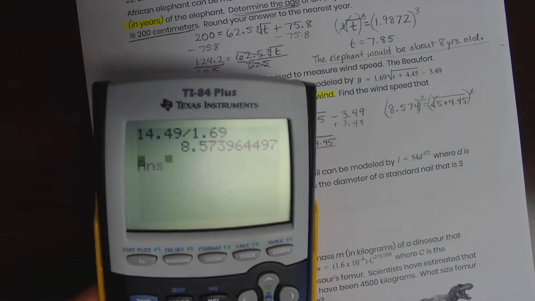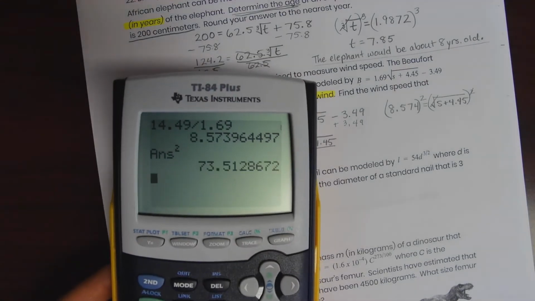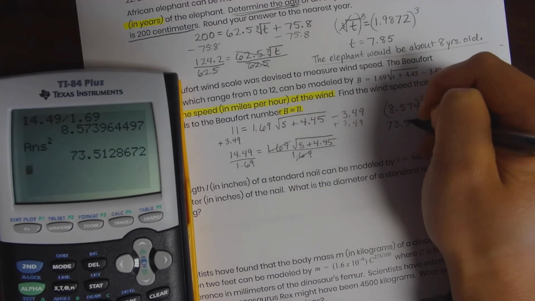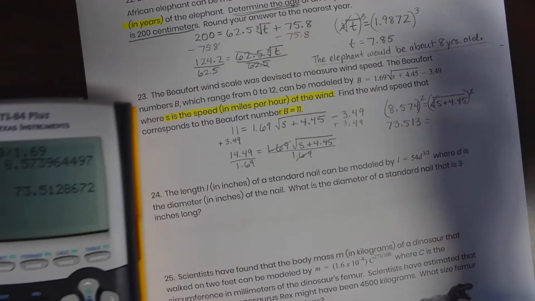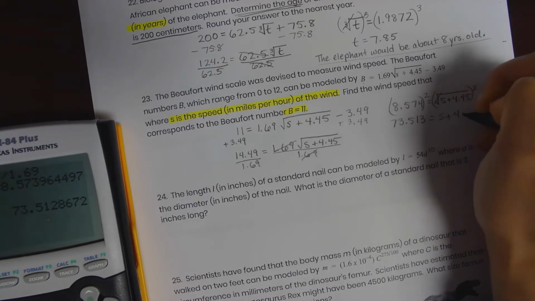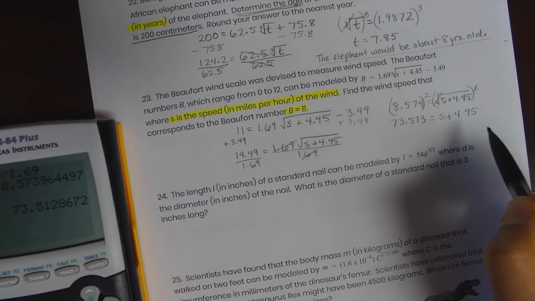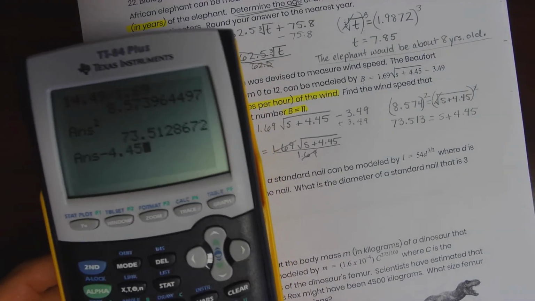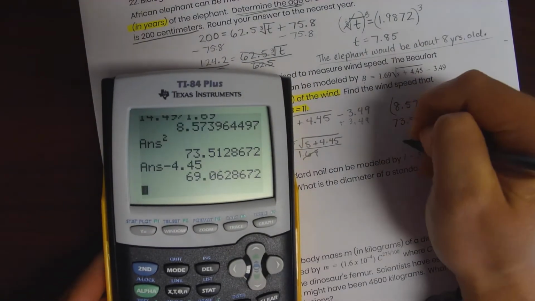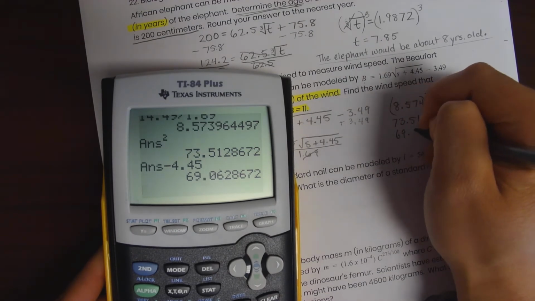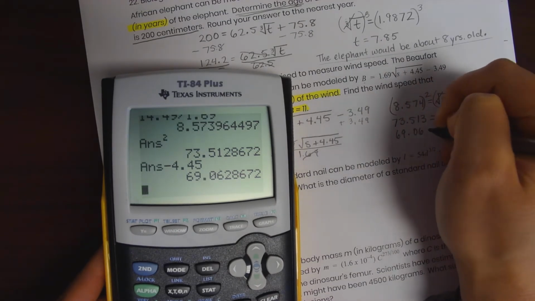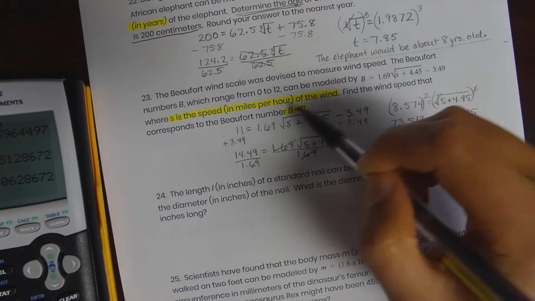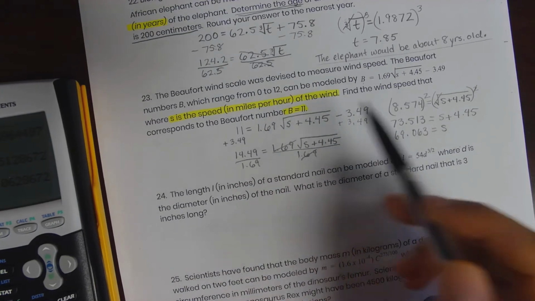Taking the answer squared, I get 73.513 equals S plus 4.45, and then subtract the 4.45. 73.513 minus 4.45 is 69.063 equals S. It's saying find the wind speed that corresponds, and this is in miles per hour.